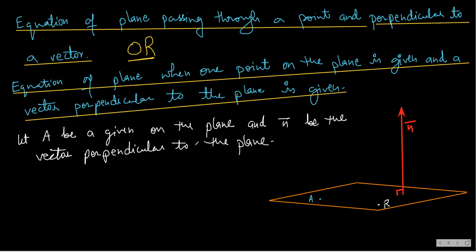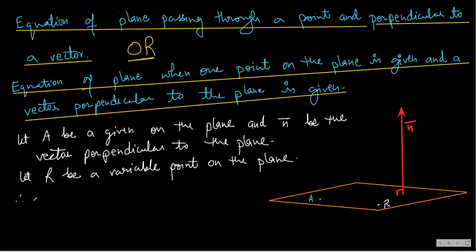Let n bar be the vector perpendicular to the plane, that is, it is the normal vector. I write: let R be a variable point on the plane.